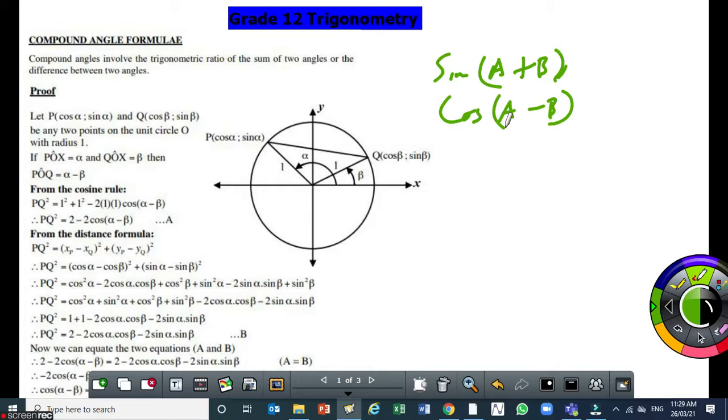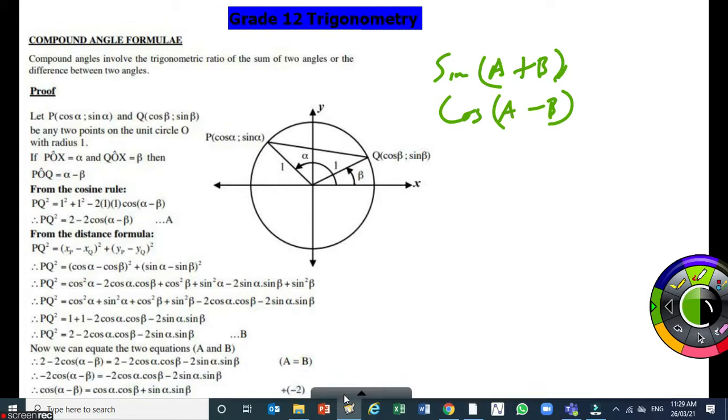Now the first one, of the 4 compound angle identities, is the one for cos. Based on this page, our reference angles are beta and alpha. Remember, alpha is just a value, beta is just a value. You don't have to get confused there.